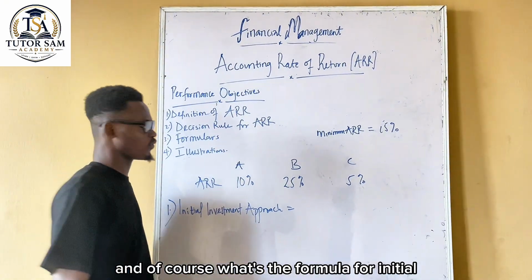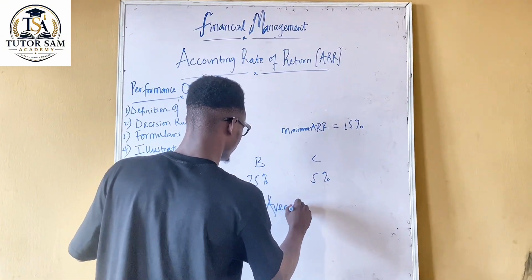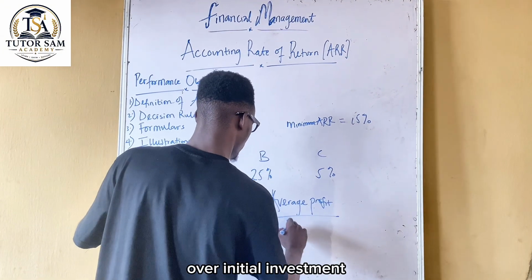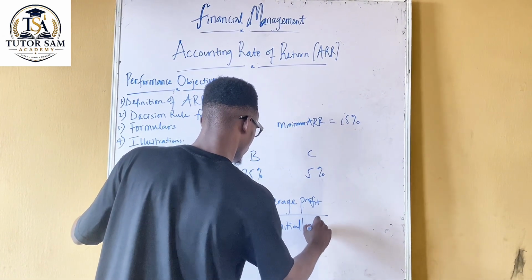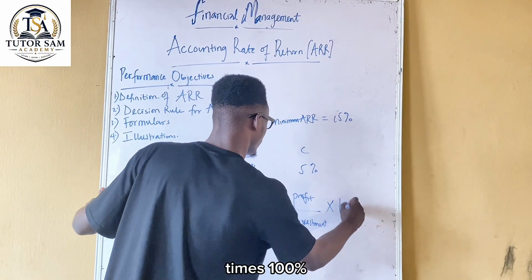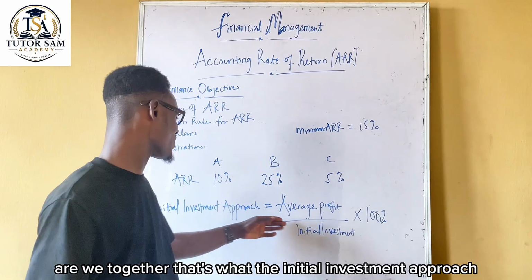And of course, what's the formula for the initial investment approach? You have your average profit over initial investment, times 100%. Are we together? That's what the initial investment approach is.